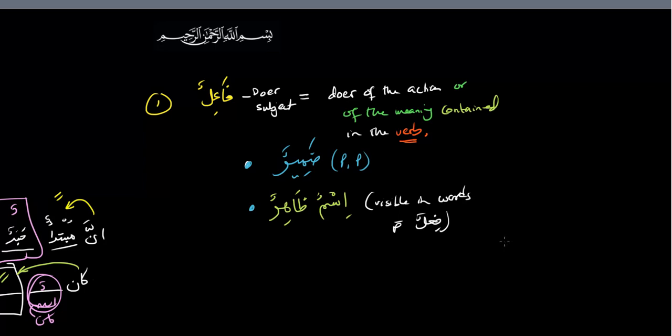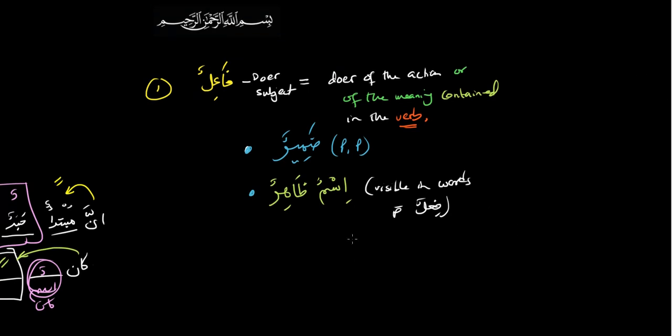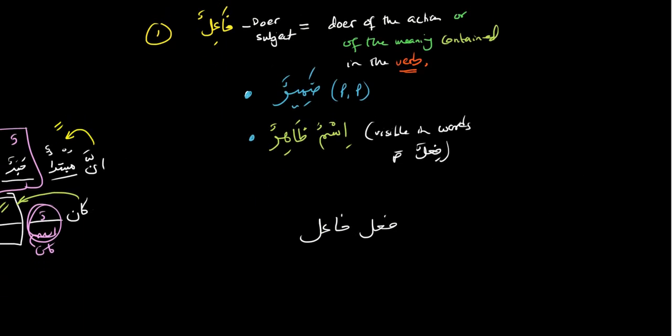Now we'll discuss what the fi'l should be for various types of fa'il. So the interesting thing is, you have fi'l, right, and then fa'il, okay. The form of the verb that is used will depend on what the fa'il is.